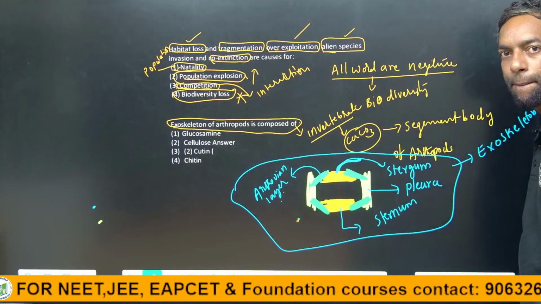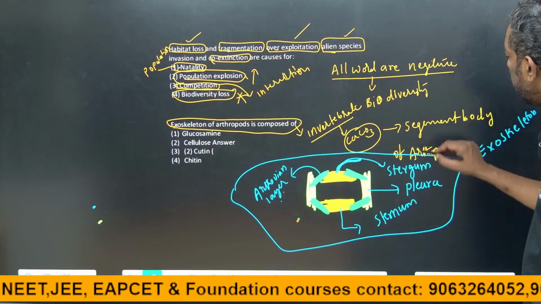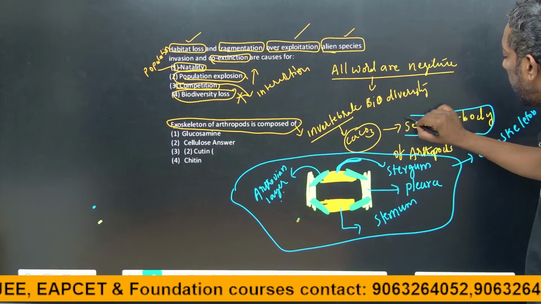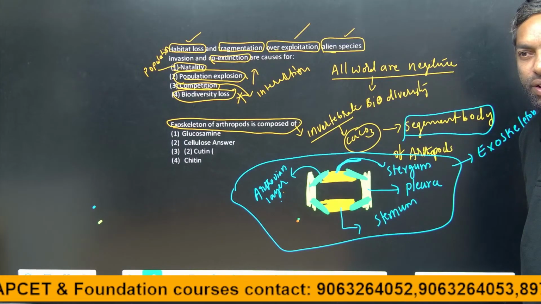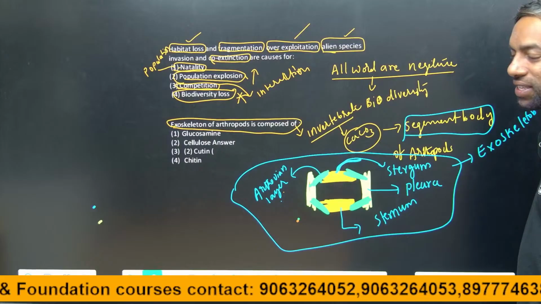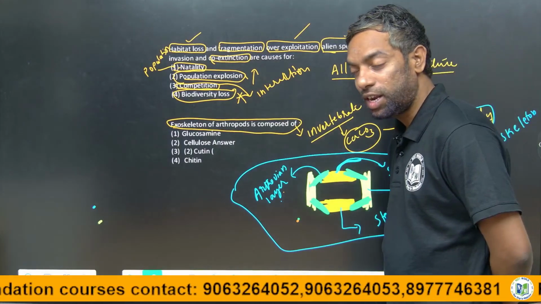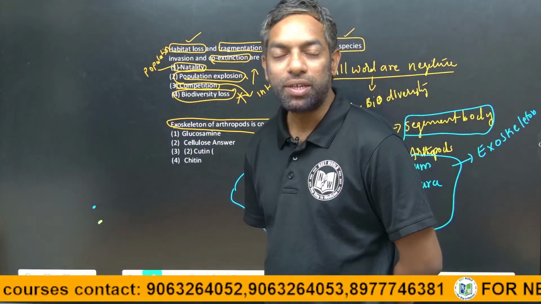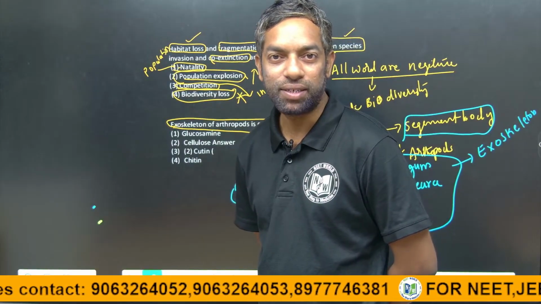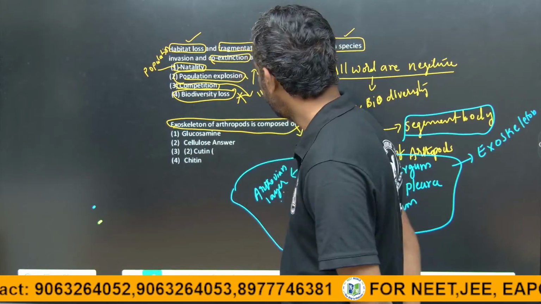Because of this segmented body, each segment has this condition called exoskeleton. Because of this exoskeleton, in the animal kingdom there is a huge population of class Insecta.